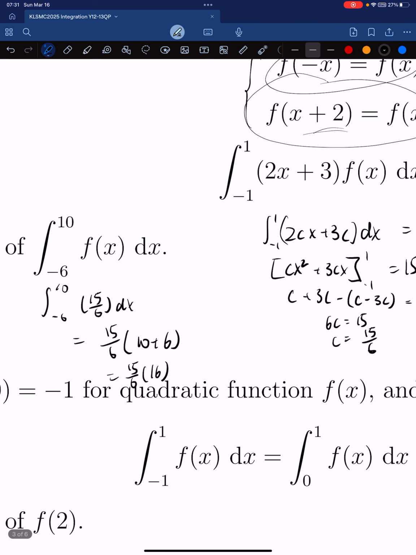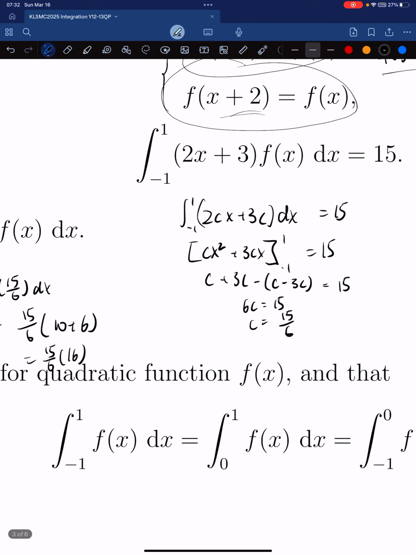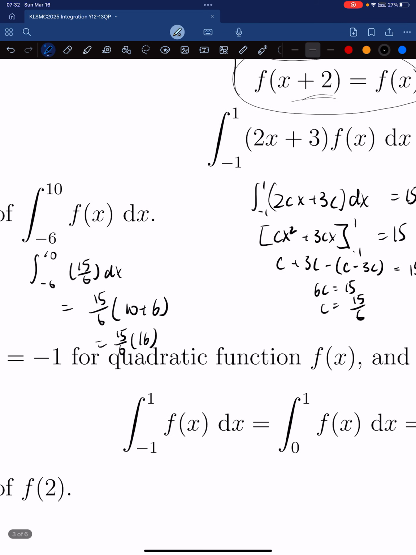I might have done something wrong. No, yeah. So 15 over 6 is 5 over 2, times 16, which is just 40. Right. So this will be your final answer.